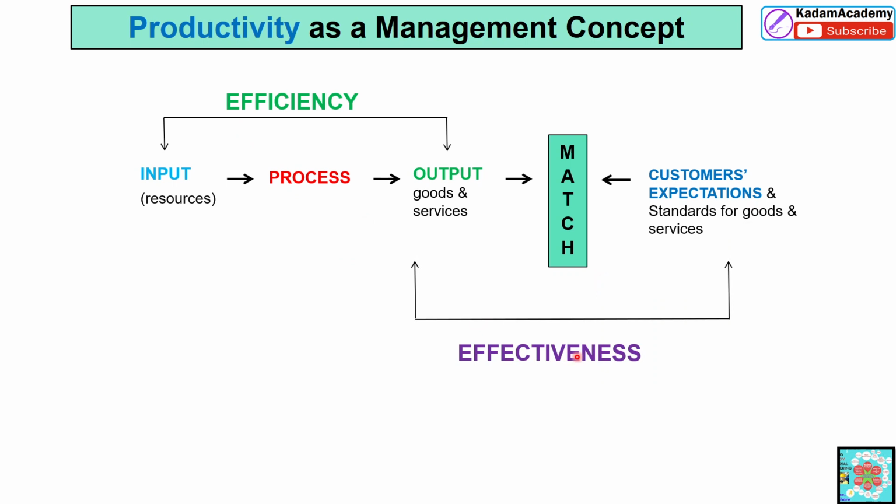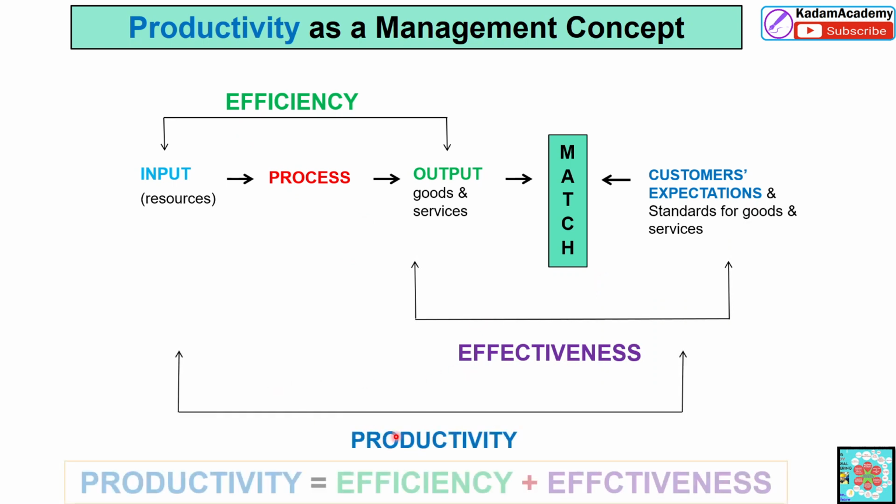So efficiency plus effectiveness, that is your productivity. Friends, productivity is nothing but the addition of efficiency and effectiveness. Also you can say, as a management concept, productivity is the addition of efficiency and effectiveness. Friends, you have now learned the technical concept.